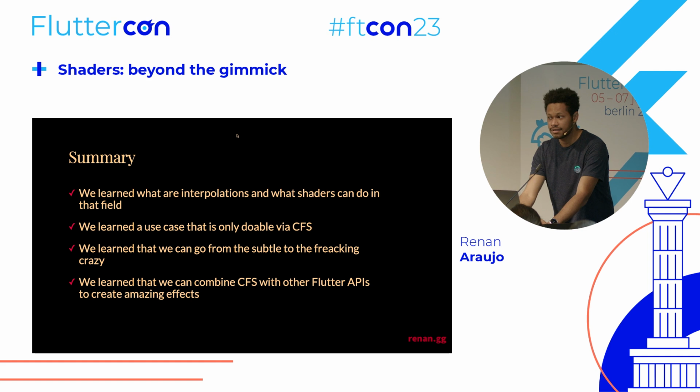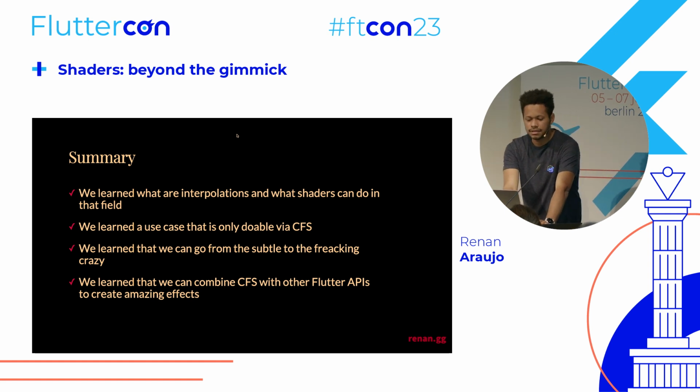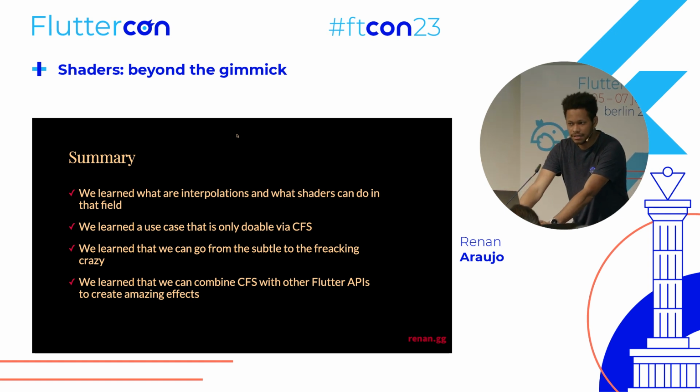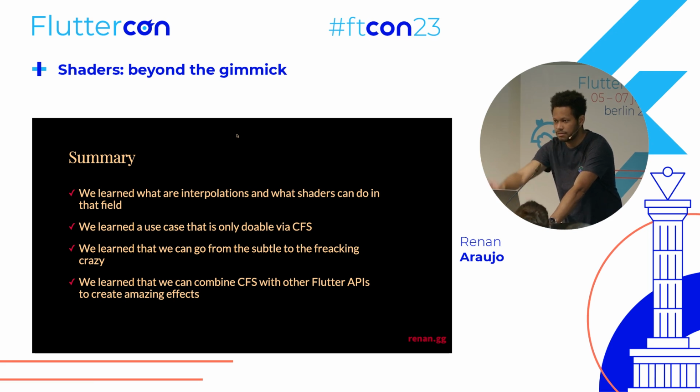All right, summary time again. So we learned about interpolations and how we can use them. We learned a use case, the easing gradients, that we can only do with custom fragment shaders so far, unless someone creates a pull request on Flutter and goes to the engine to change the built-in fragment shader.